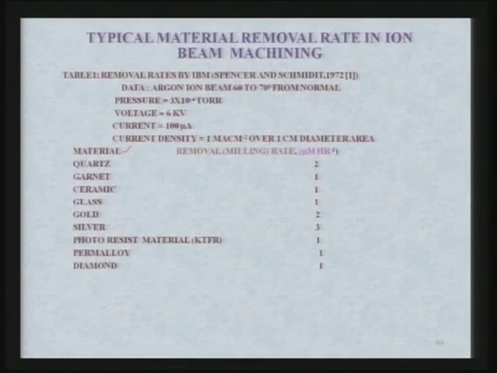As you can see here, various materials are given here and removal rate is given in terms of micrometer per hour. That means, you can remove a layer of 2 micron in 1 hour from the quartz. The maximum amount of material can be removed from the silver, that is 3 micron per hour, and in other cases it is just 1 micron per hour.